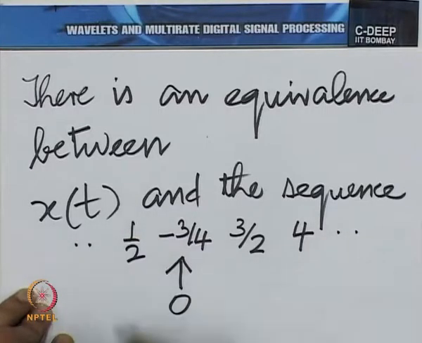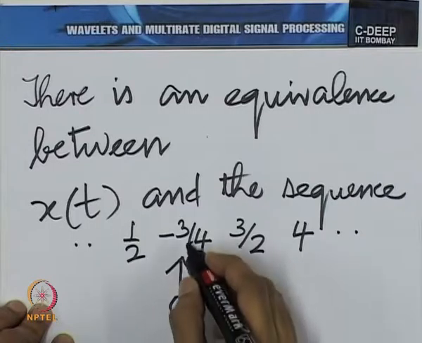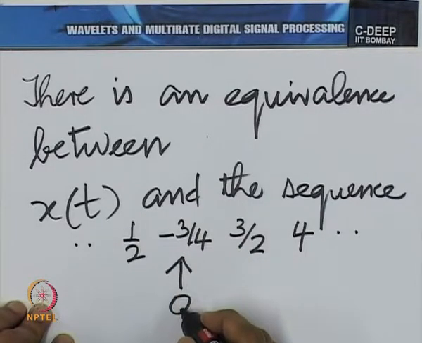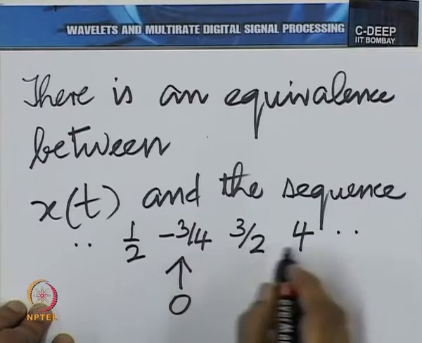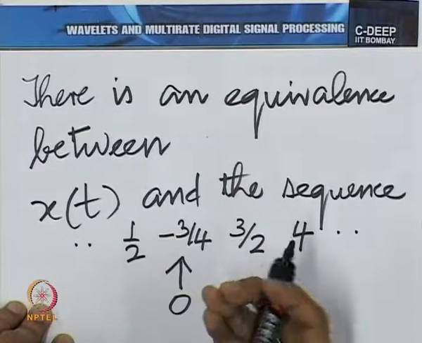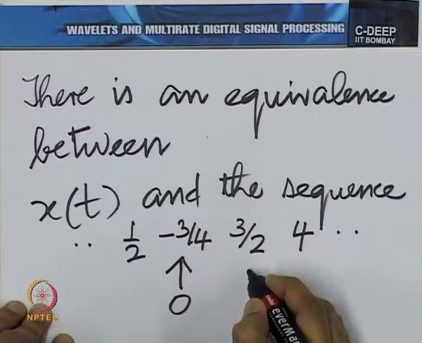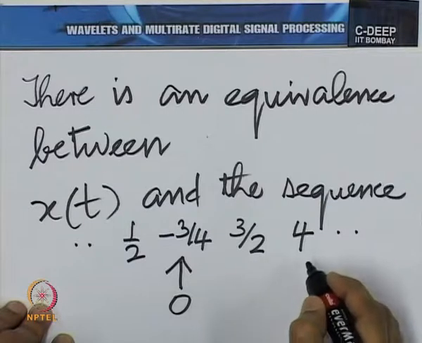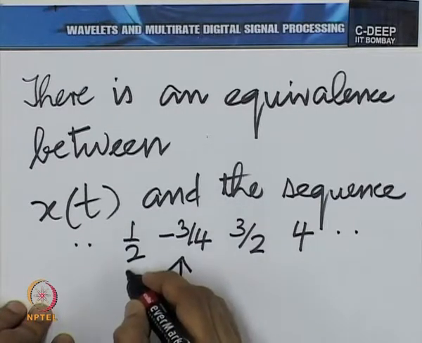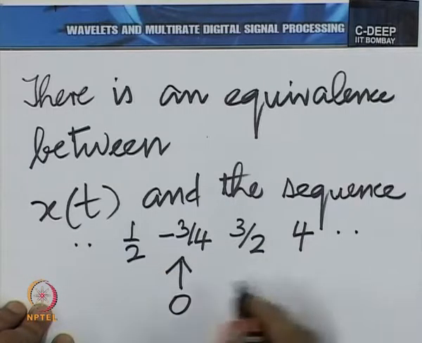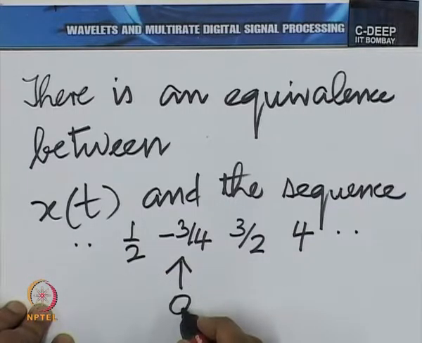So, when we write a sequence in this notation, what we mean is that this is the sample at n equal to 0, and then the other samples are arranged in the right order. So, for example, this is the sample at n equal to 1, the sample at n equal to 2, the sample at n equal to minus 1 and so on in the correct order around the sample that we have marked.